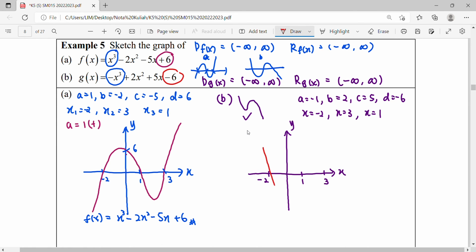Pass through the first root, then curving up, and then continue. So this will be your S shape. So your intercept will be -6. Lastly, label our function.